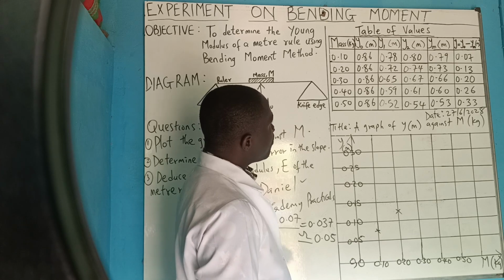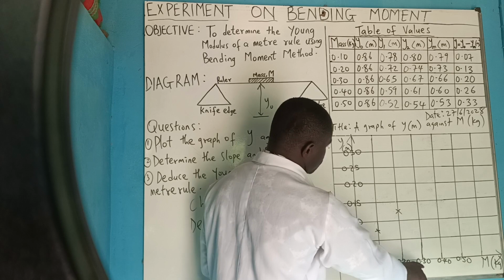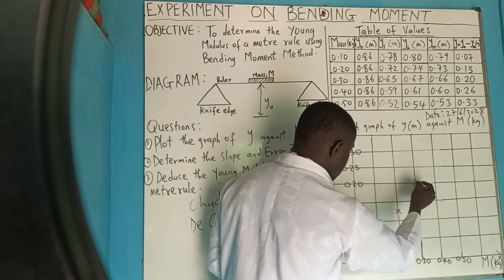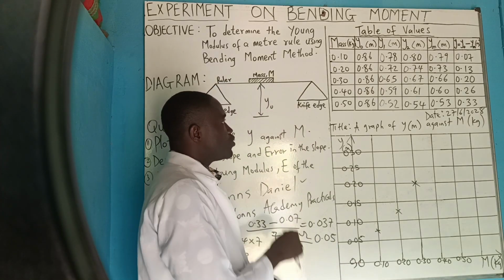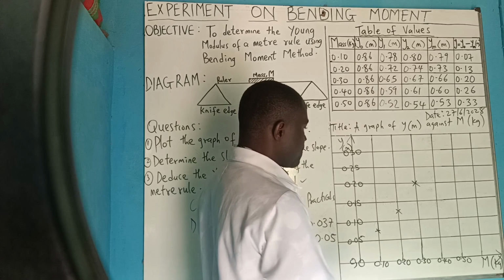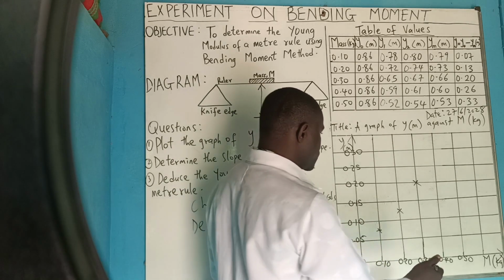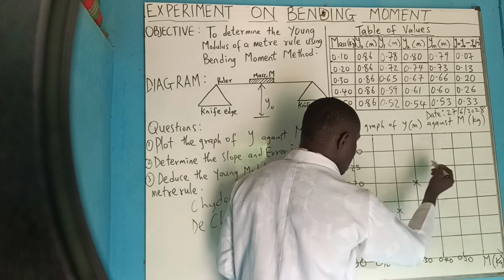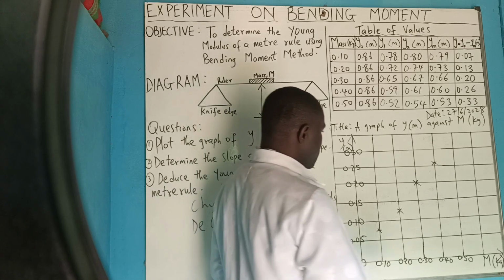0.20 against 0.30. Please use your graph sheet to do this location well. Then 0.40 and 0.26. So 0.26 will be somewhere here. 0.50 is against 0.33.